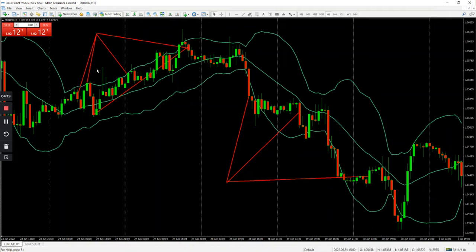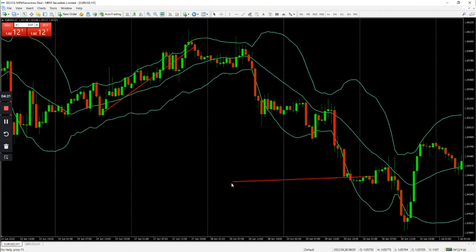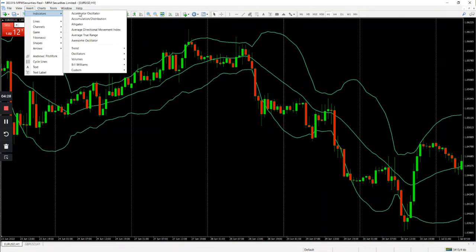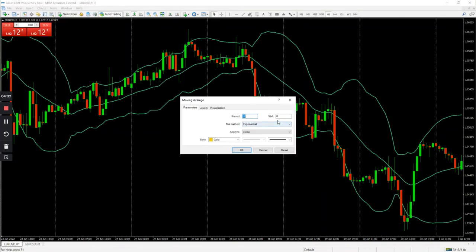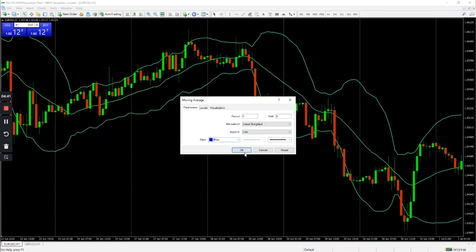So this is just the Bollinger Band. Let's remove this. Okay, so the next moving average I'll be inserting is period 5, weighted low, blue color.